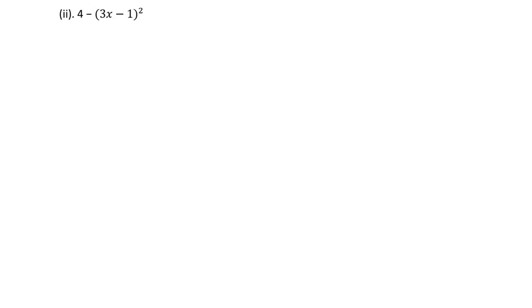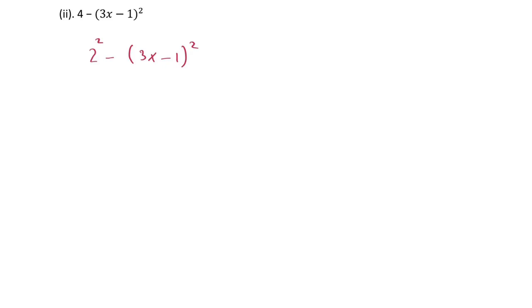For Roman 2, our expression is 4 minus in brackets 3x minus 1 squared. Okay, so for this one, first we are going to express 4 in exponential form. Then we are having 2 squared minus in brackets 3x minus 1 squared.